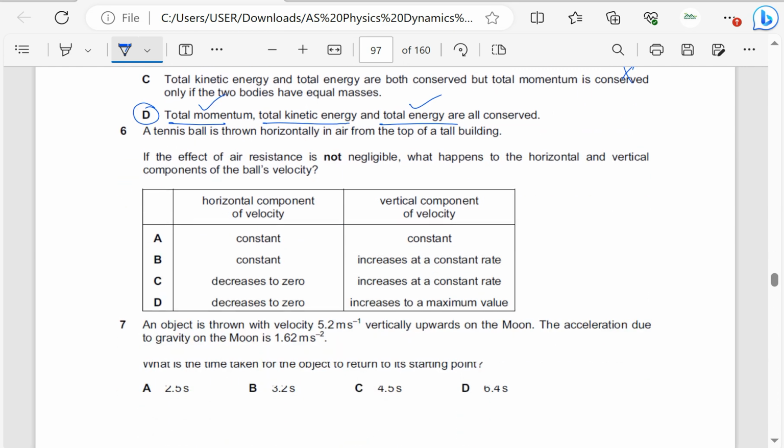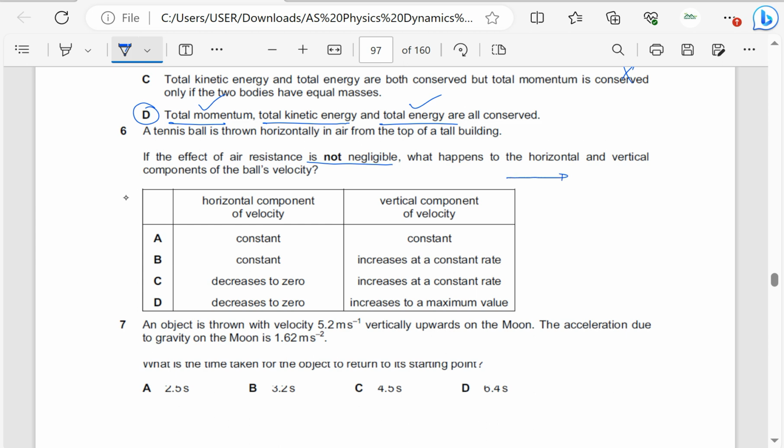A tennis ball is thrown horizontally in air from the top of a building. The effect of air resistance is not negligible. What happens to the horizontal and vertical components of the ball's velocity? It is thrown horizontally.